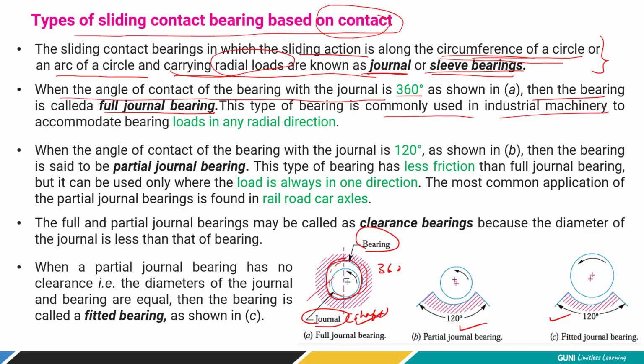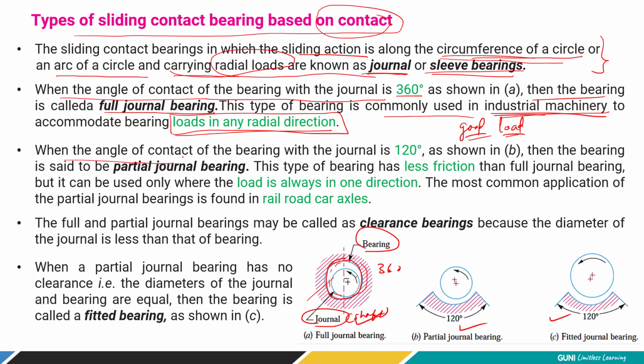See, the word is very important: industrial machinery means a good amount of load, to accommodate the bearing load in the radial direction. This is again an important point. Whenever you use full journal bearings, there is going to be a good amount of load acting in radial directions. So industrial machineries basically employ these full journal bearings to support the shaft and the load.